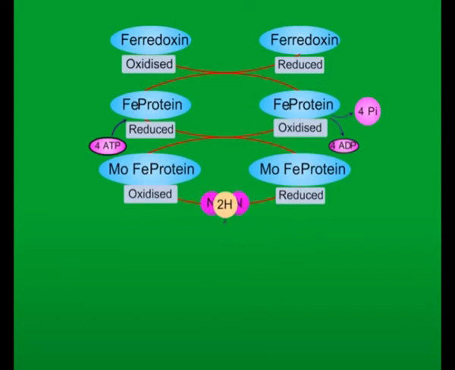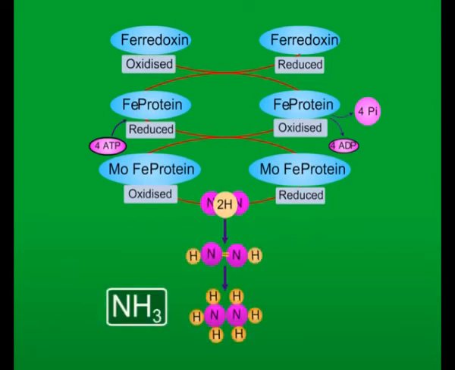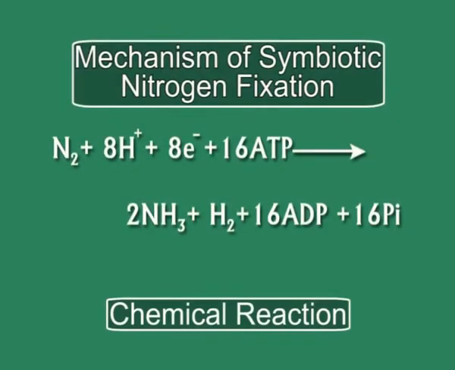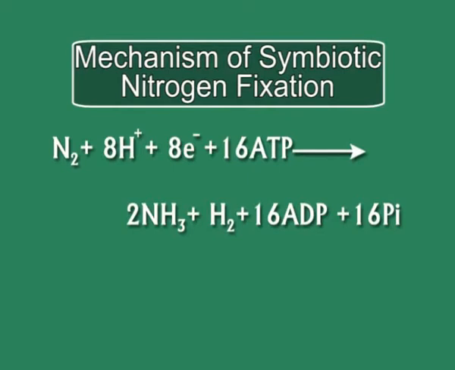You can see here how the final product, that is NH3, is produced. The final chemical reaction for this whole process can be represented as follows.